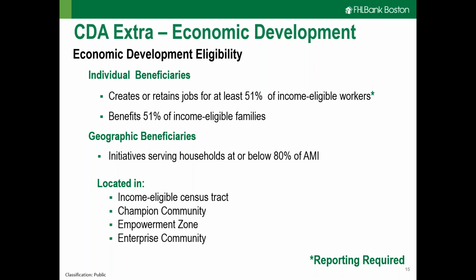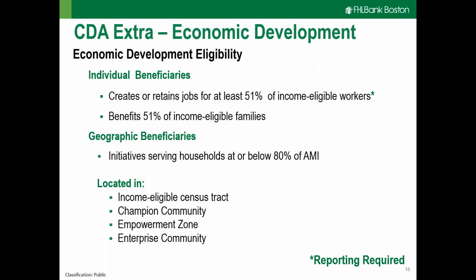This is easily documented either through a declaration from the employer or the customer that you'll be dealing with. They only need to provide you with written confirmation that they have a certain number of employees, and of those employees, at least 51% of them have an annual income that does not exceed 80% of the AMI for the location of the business.